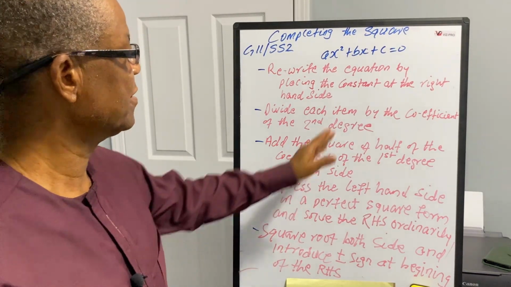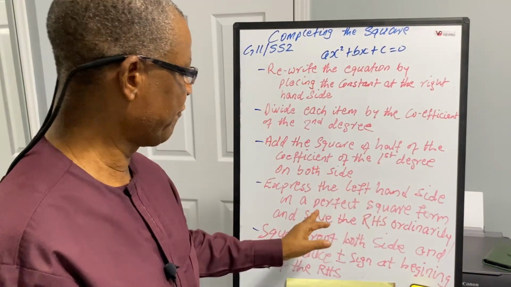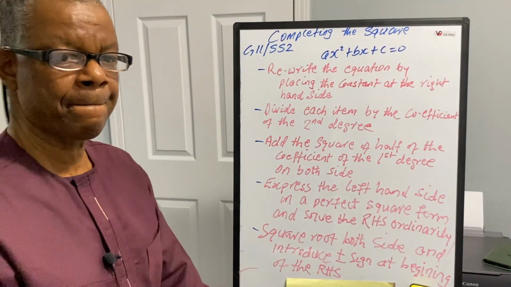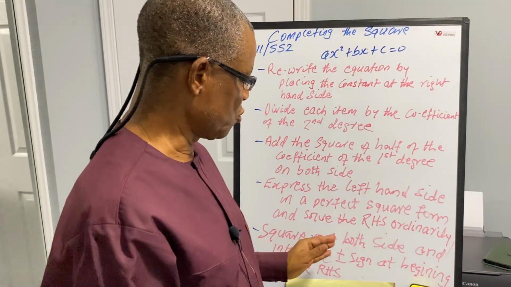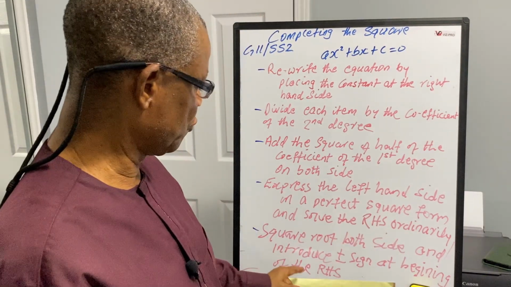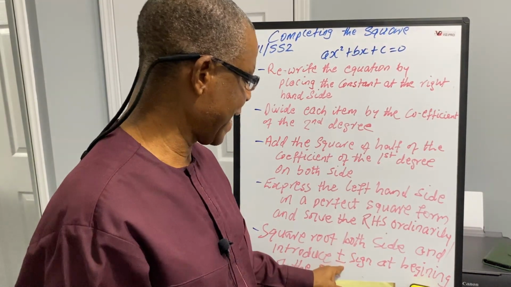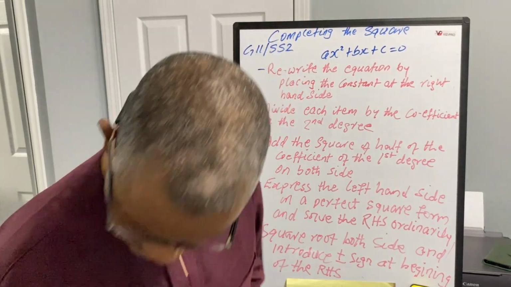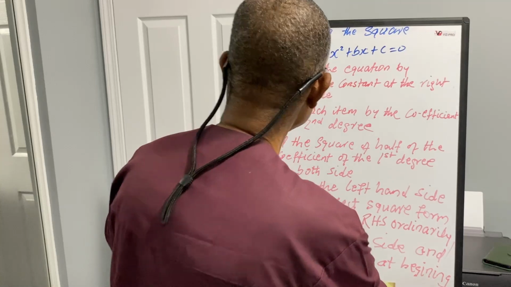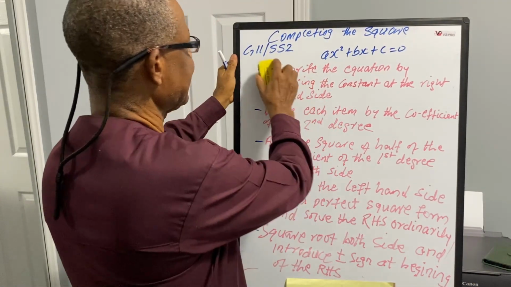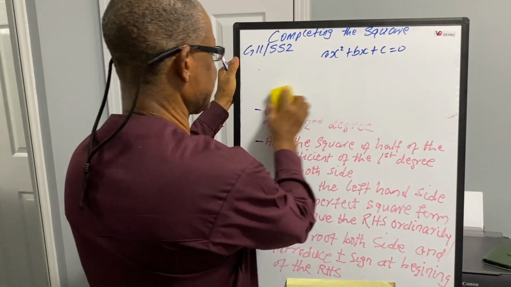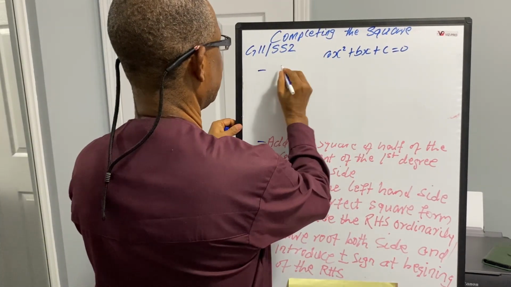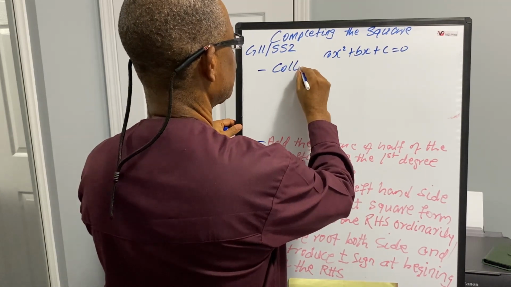Thereafter, you express the left-hand side in a perfect square form and solve the right-hand side ordinarily. Thereafter, you square root both sides and introduce plus and minus sign at the beginning of the right-hand side. When that is done, you continue by collecting like terms. We now collect like terms together.